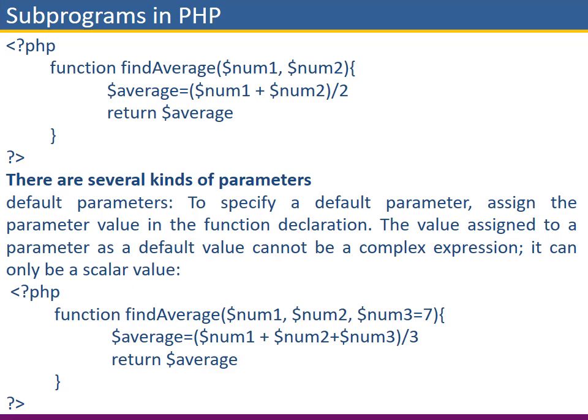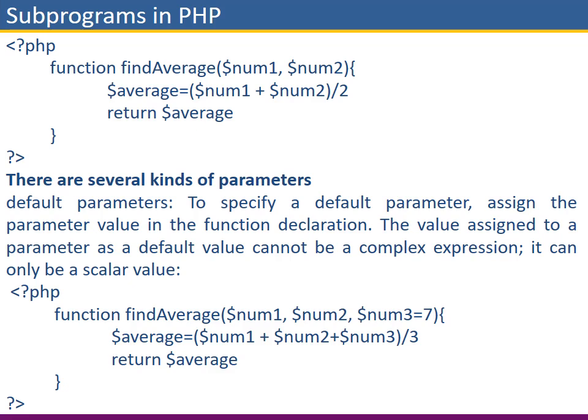So $average equals, inside the bracket, we add up the three parameters, $num1 plus $num2 plus $num3, and divide by 3, because in this code we have only three parameters. After computing the average, we return $average.